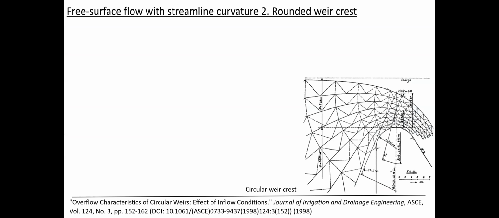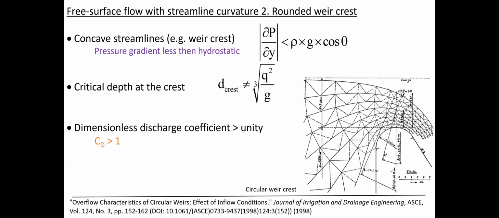The second situation is a rounded weir crest, with an example on the bottom right of a circular weir crest and its potential flow solution. The streamlines are concave above the weir crest, and in turn, the pressure gradient is less than hydrostatic.